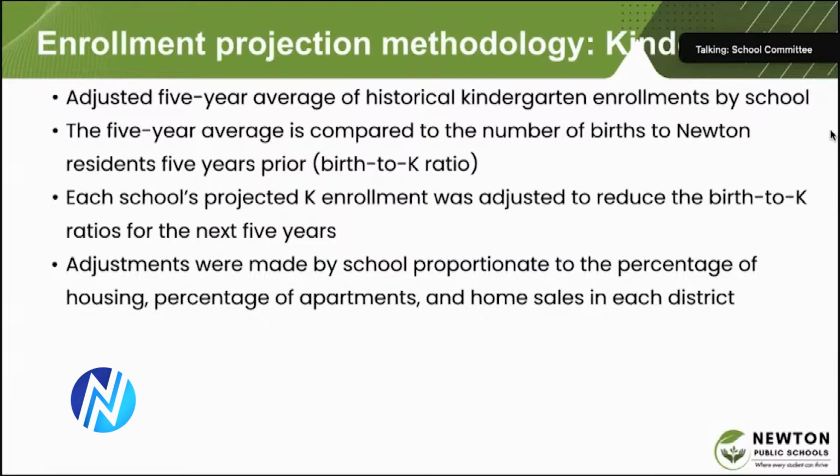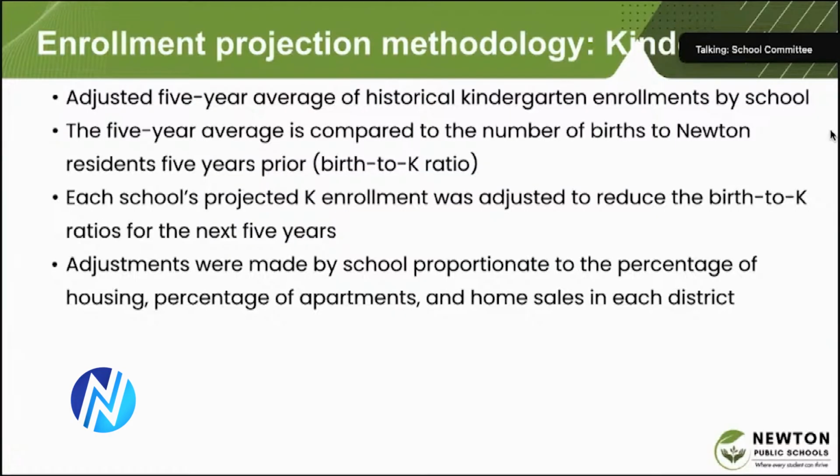Once we calculate that 5-year average, we compare it to the number of births to Newton residents 5 years prior to the year in which those students would enroll in kindergarten. And this results in something that we call the birth to kindergarten ratio, which I'll talk about in a little more detail in a second.